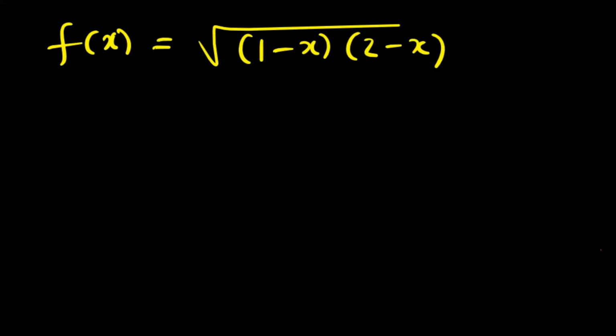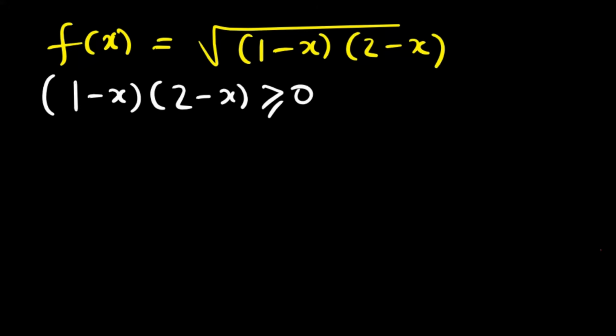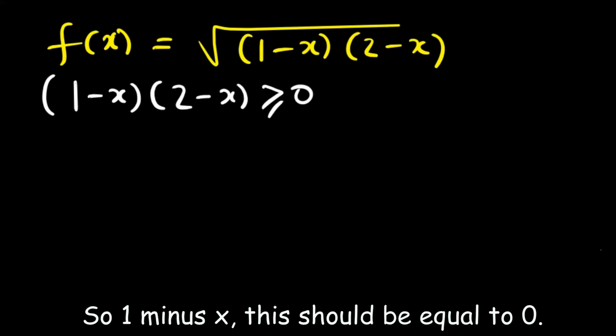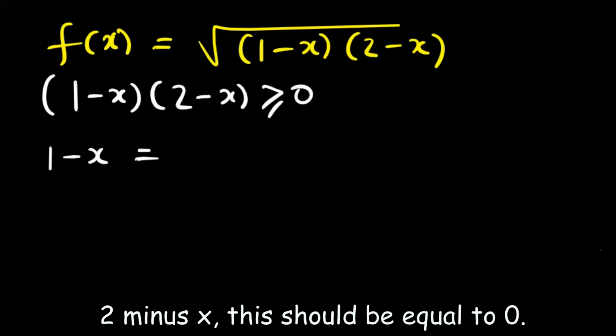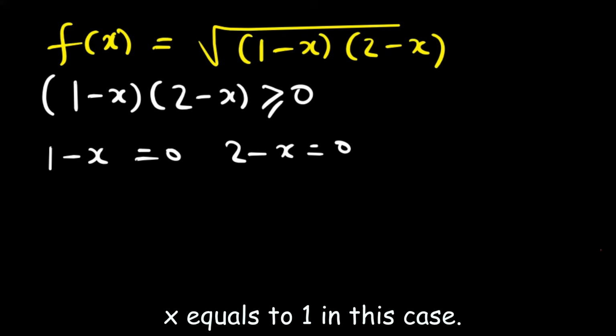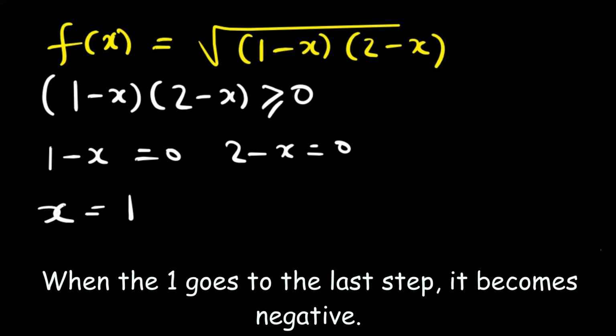So this time around, since there are two factors, I'm going to say 1 minus x, 2 minus x should be greater than or equal to 0. Then I'm going to equate these factors to 0. So 1 minus x should be equal to 0. 2 minus x should be equal to 0. x is equal to 1 in this case.